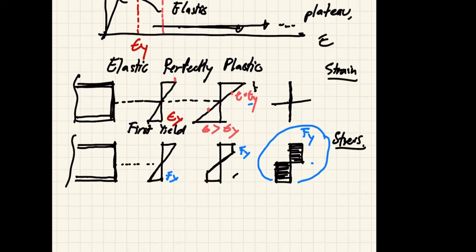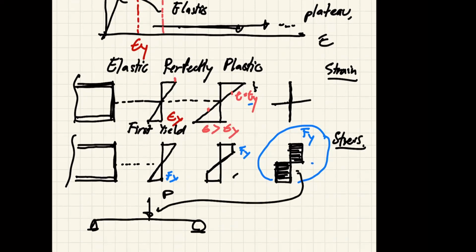If you look at the beam, I can draw a simple beam like this, and I can keep increasing the load P until I reach this point where everything yields. What will happen on my beam is that the plastic hinge will develop. And this is when we say our beam cannot take anything anymore.